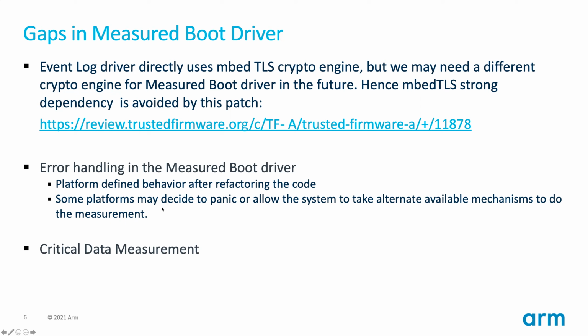For now, if FVP gets any measured boot error, it always panics. But it is up to the platform if they want to use any alternate methodology to push the measurement; they can still do it in their own way. So that is a gap, because currently we are always using panic. There is no new method we have developed to push the measurement to any alternate available mechanism.